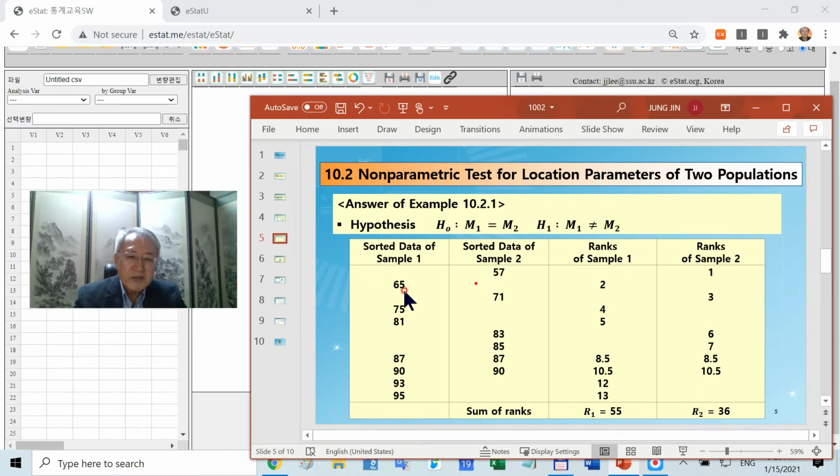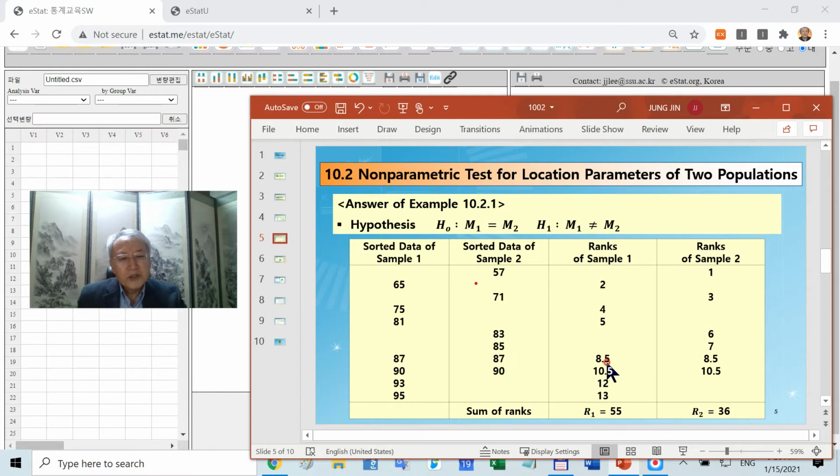After 57, the next one is 65, the next one is 71, 75, and so on. In this manner, you can arrange the two sample data like this. Then you can easily assign their ranks, starting from 1, 2, 3, 4, 5, 6, 7, but you have a tie here, 87.